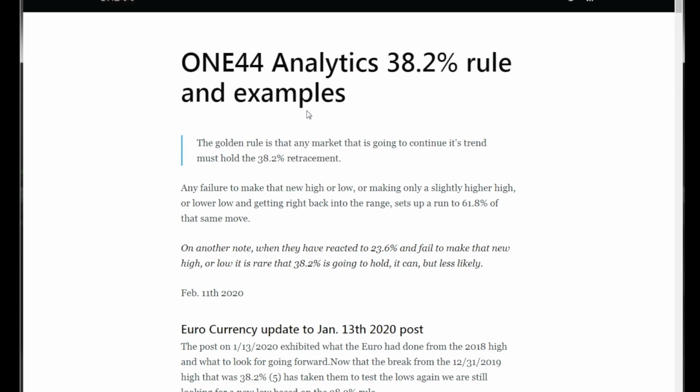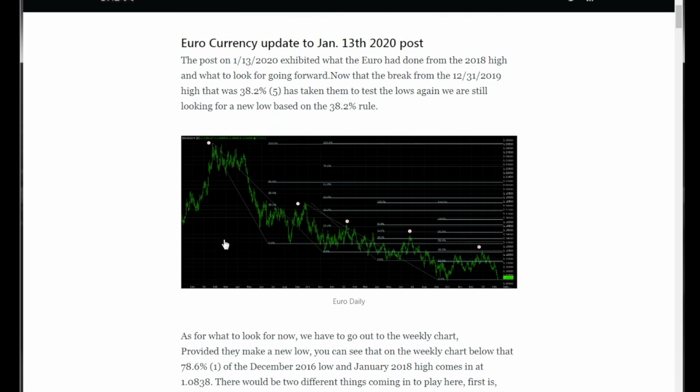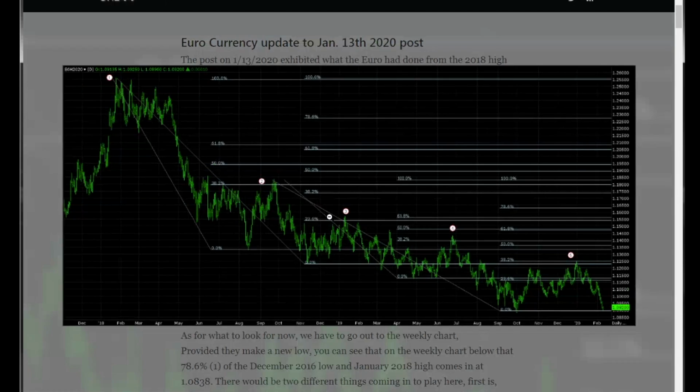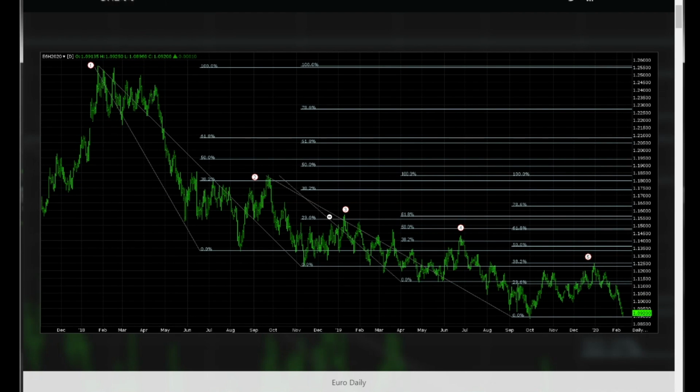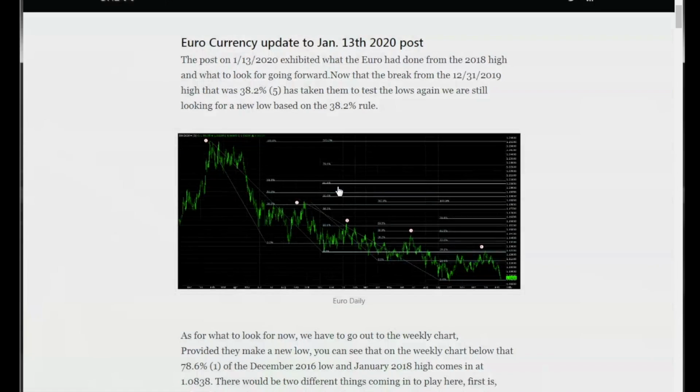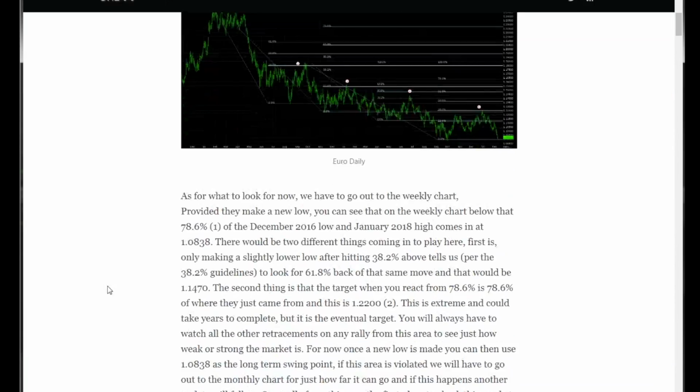So now, again, the rule comes up, but then we go here and the euro currency update to January 13, 2020 post. Now, what we'll do is we'll go over everything that's happening in this chart. You can click on the chart, bring it up, and all of these markers on here and what is happening is exactly what we're explaining down in here.